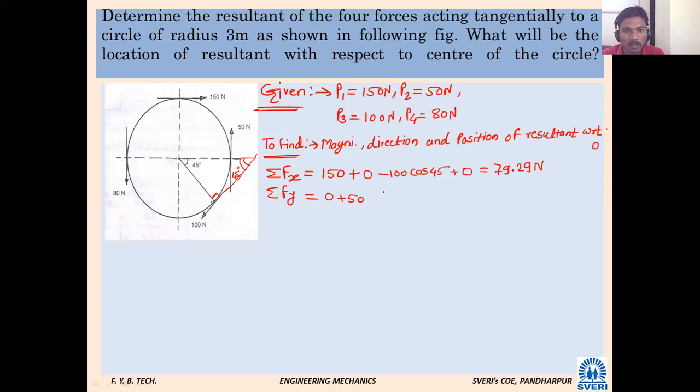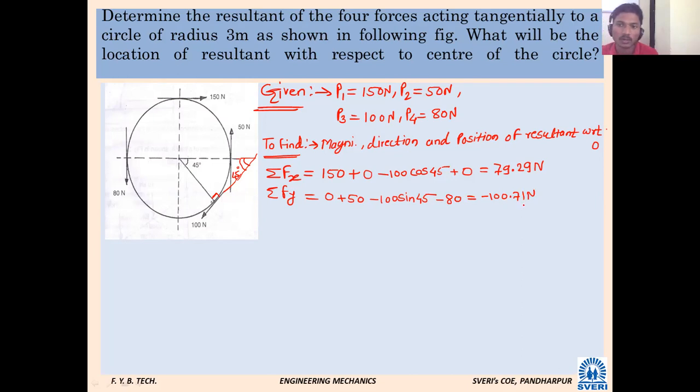Y component of the third force, 100 Newton: minus 100 sin 45. Next, the fourth force, 80 Newton, is vertically downward: minus 80. Tell me this sum. Minus 100.71 Newton.